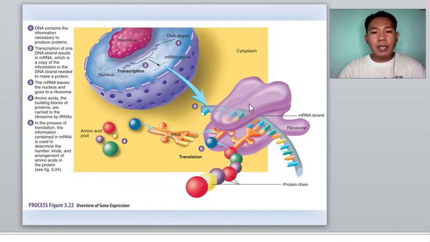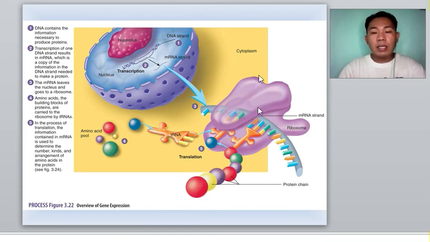In the process of translation in the cytoplasm of the cell, the information contained in the mRNA is used to determine the number, kinds, and arrangement of amino acids in the protein.